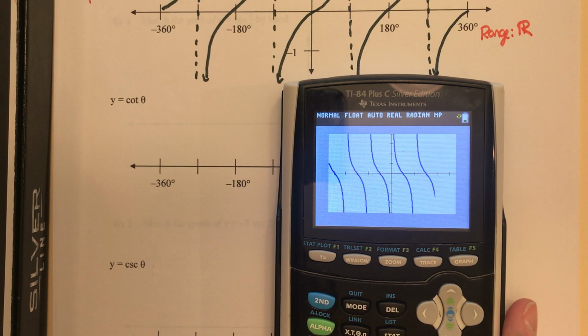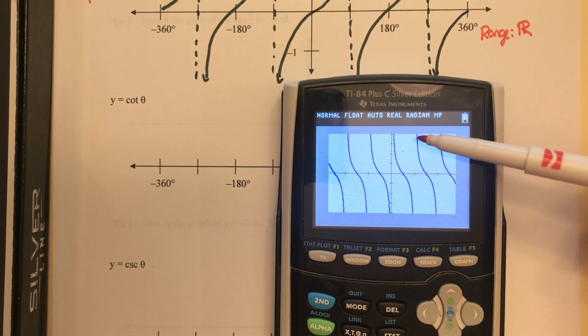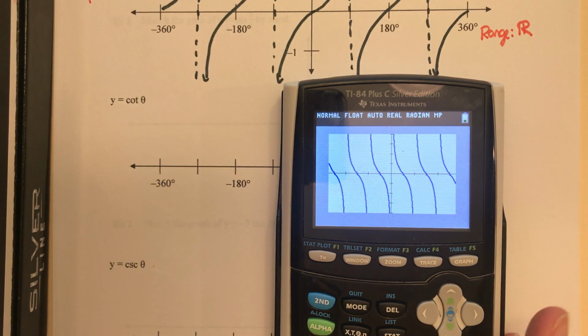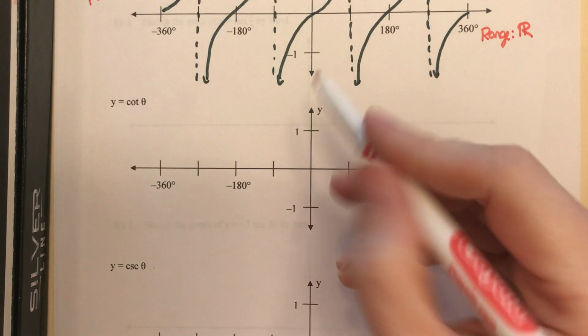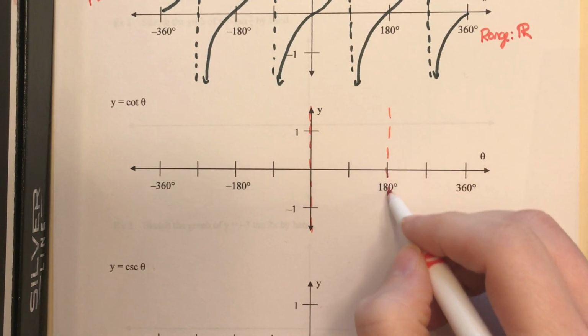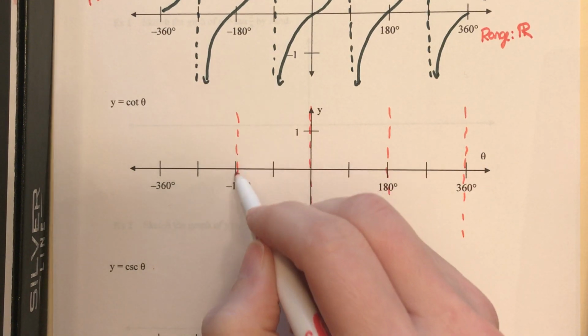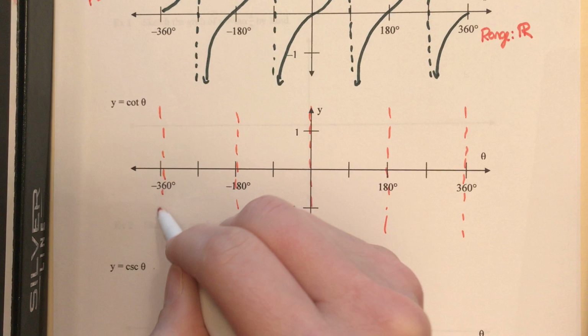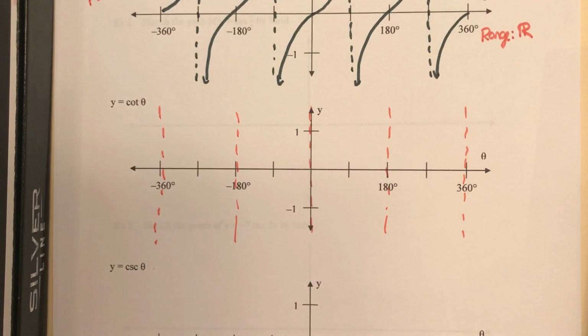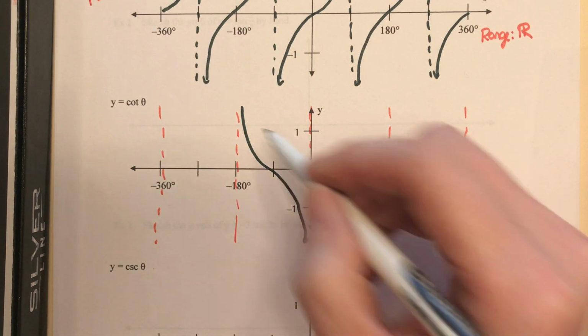So if you look at your calculator, our first asymptote is at 0, and then the next one is at 180, and then it just repeats. So I'm going to draw those in first. I've got an asymptote at 0, 180. The next one would be at 360, negative 180, negative 360. And then I'm going to draw that curve in using my calculator as a guide.